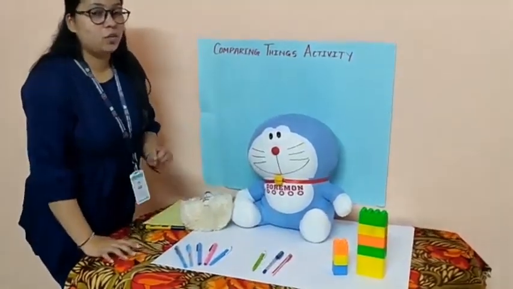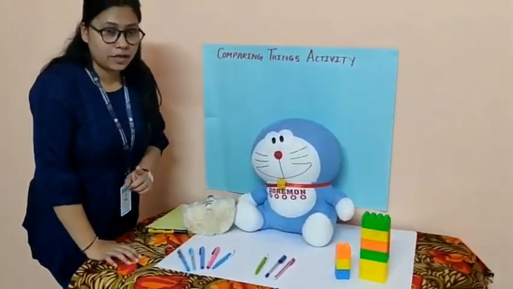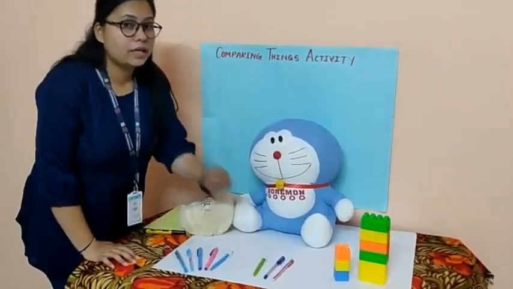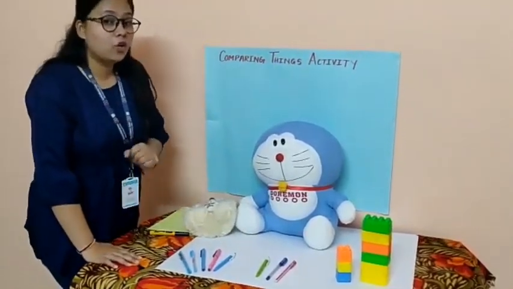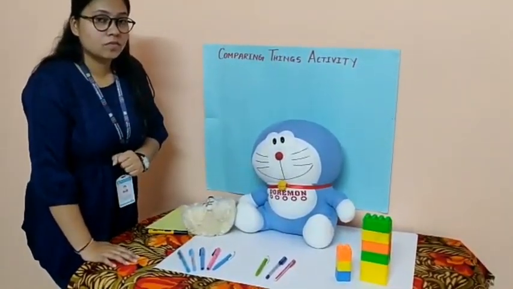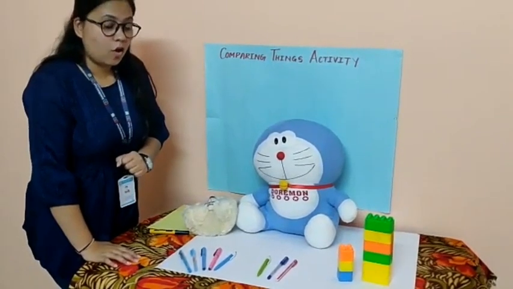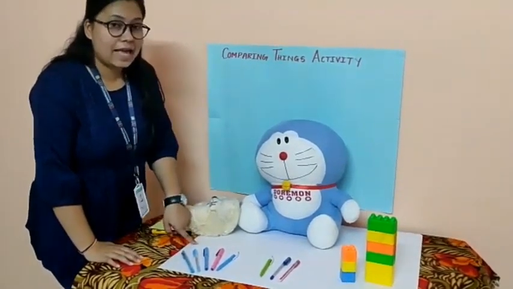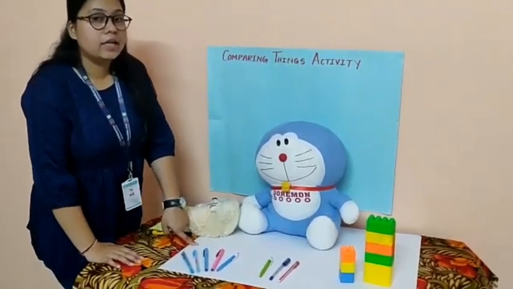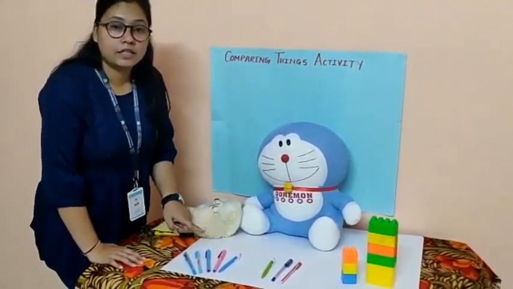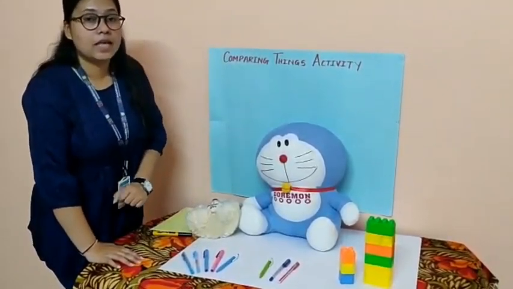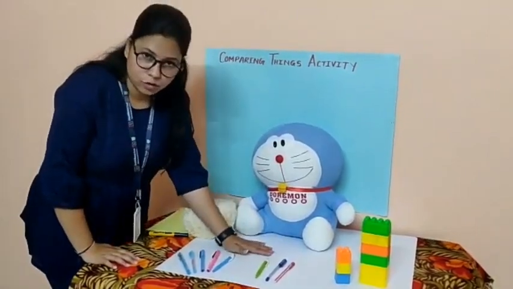Now tell me which group is having more pens, group A or group B? Ma'am, group A. Why group A? Ma'am, group A is having 5 pens. Okay, very good. But how should we know that group A is having 5 pens? As we have seen, we have two groups.